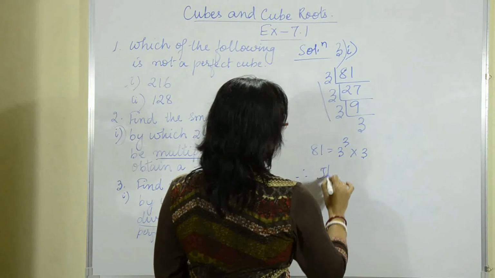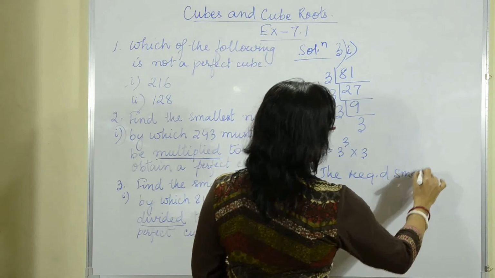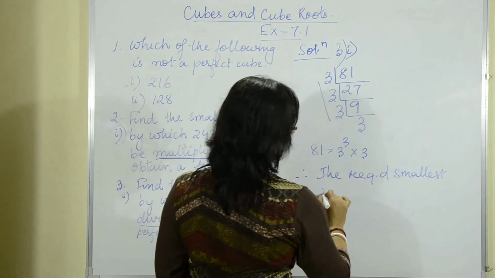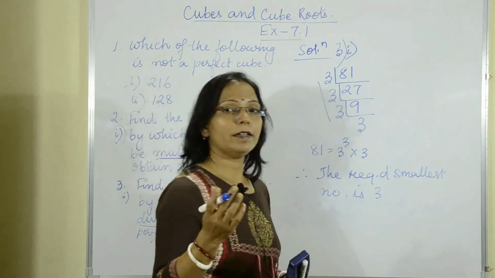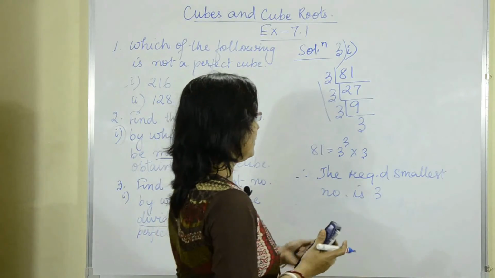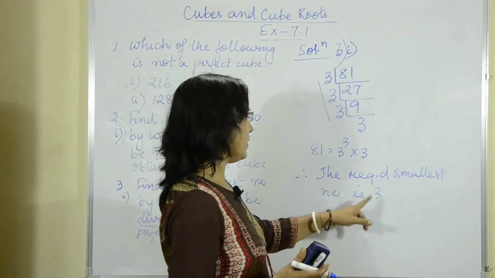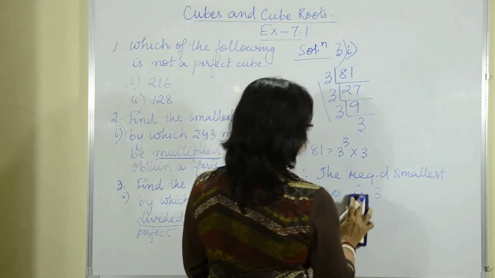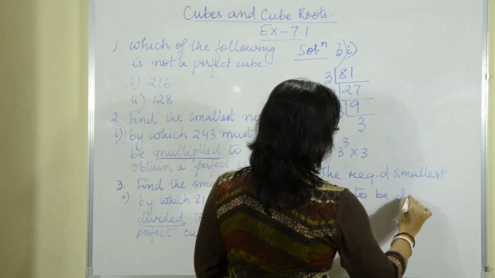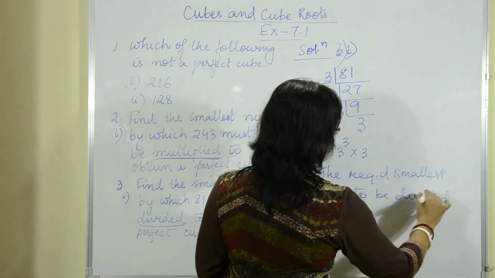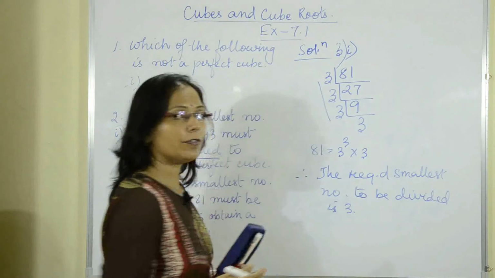Therefore, the required smallest number is 3. The number that is to be divided is 3, is it not? So, this is how you can write the required smallest number to be divided, 3. This is how you will have to do it.